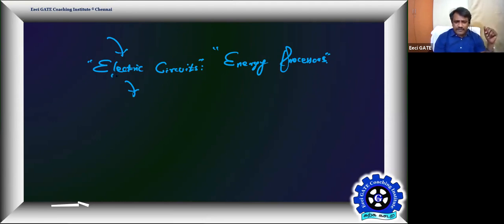The circuit has to utilize the source of energy, which may be a DC source or an AC source. We know energy is the power supplied over the period: power supplied multiplied by the time period during which it is supplied gives the energy supplied by the AC source.